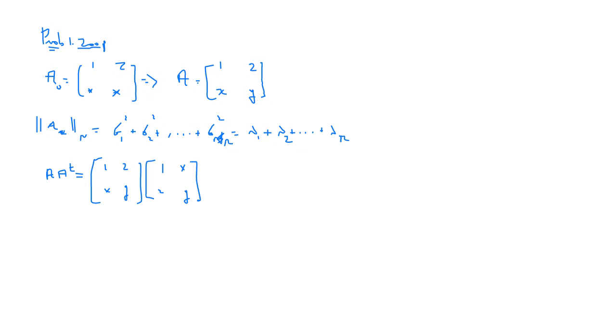So for sure I get 5, there's 1 plus 2 squared, right? Here I get x plus 2y. Here again, x plus 2y. And x squared plus y squared. Are you okay with this, guys?